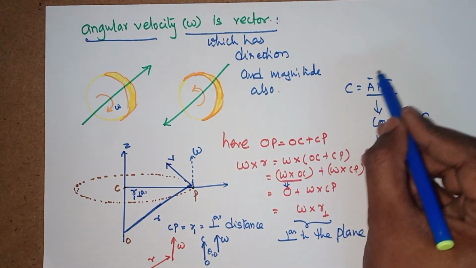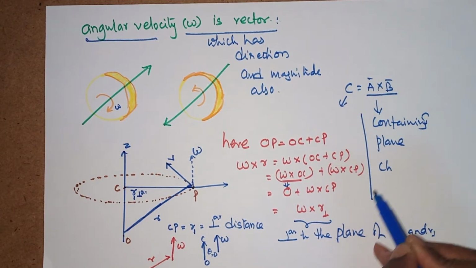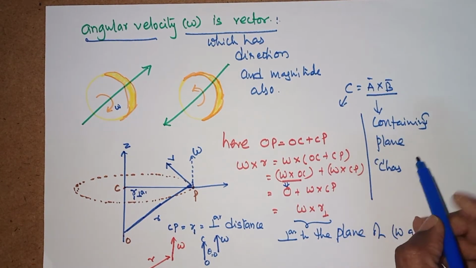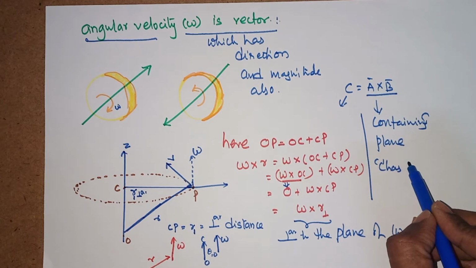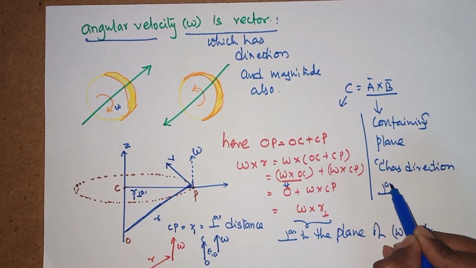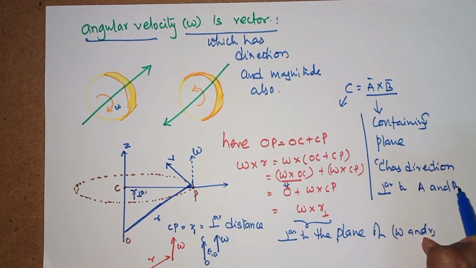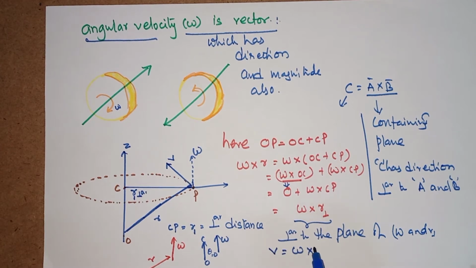C is a vector, and C has a direction perpendicular to the plane of A and B. Similarly, we will write here v is equal to omega cross r.